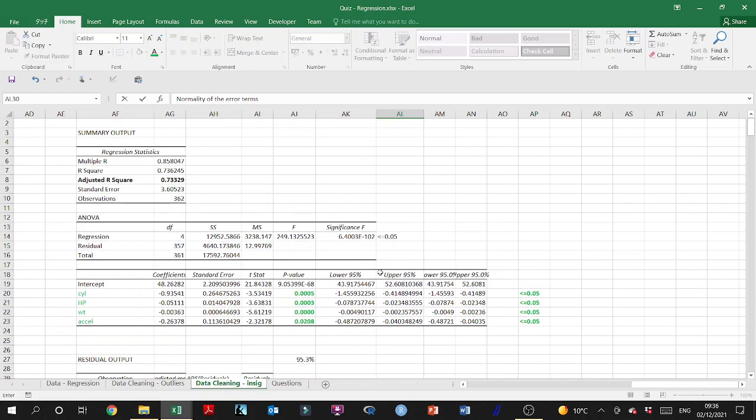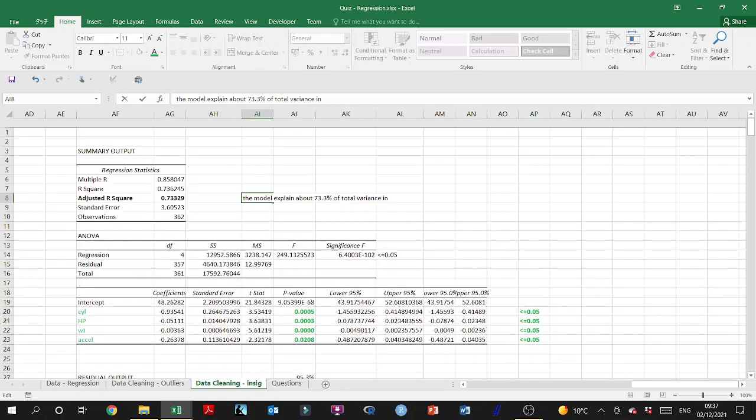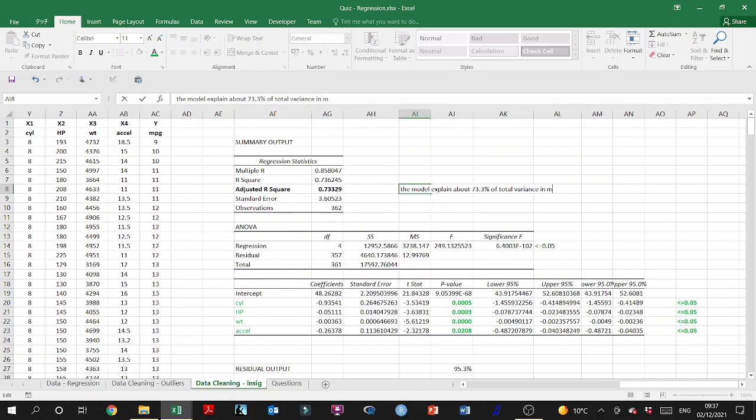Of course, over here you have to say something like the model attempts to explain about, and you put here the percentage, about 73.3% of total variance.